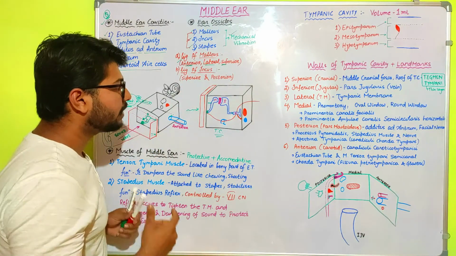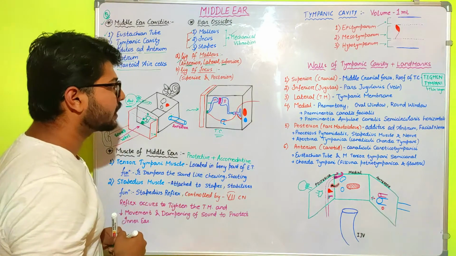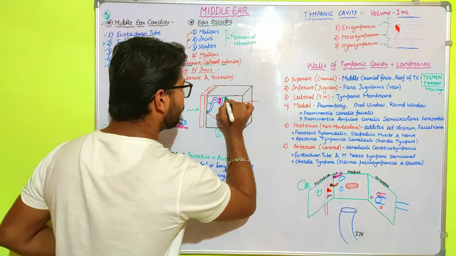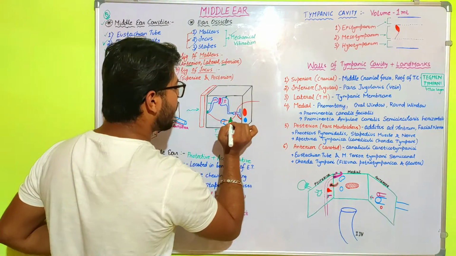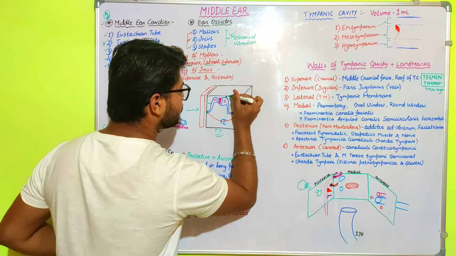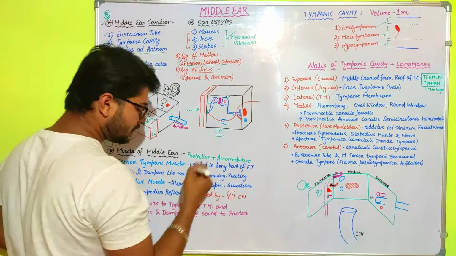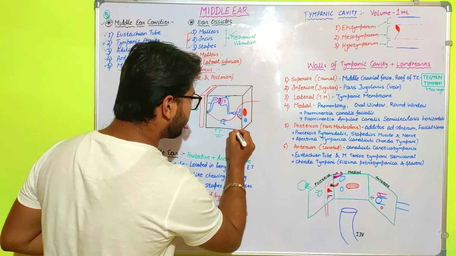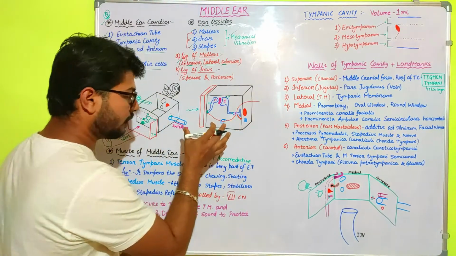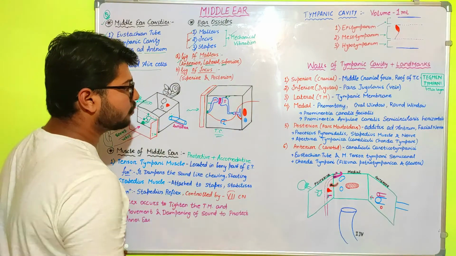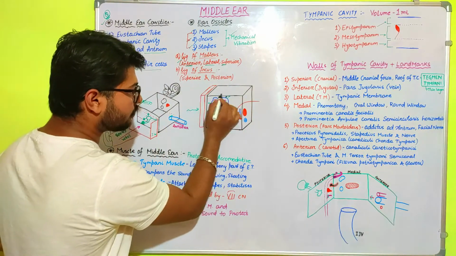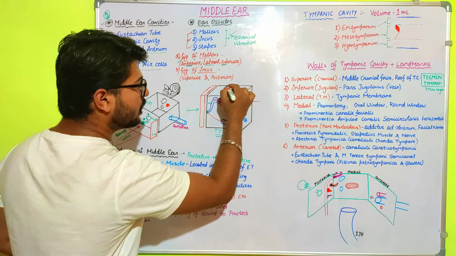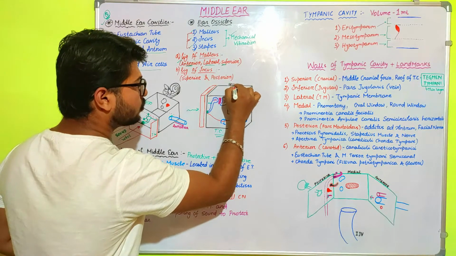Then the ligaments of incus: attaching with the incus, we have one superior and the other one posterior. As we know that we are looking at this structure from anterior view, so if this front surface is anterior, the back surface will be posterior.